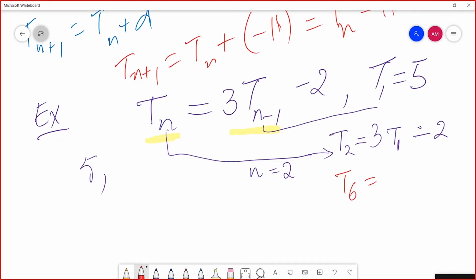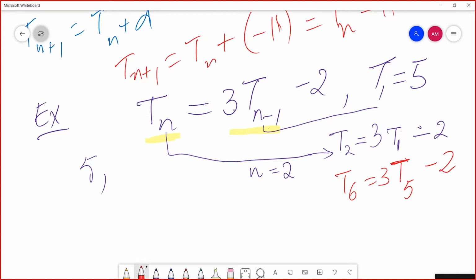Here n is replaced with 6, because we put n equal to 6. So 6 minus 1 is 5. So we would say 3T5 minus 2. Does it make sense to you now?